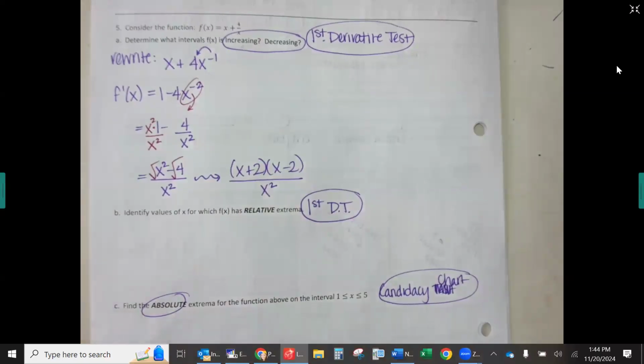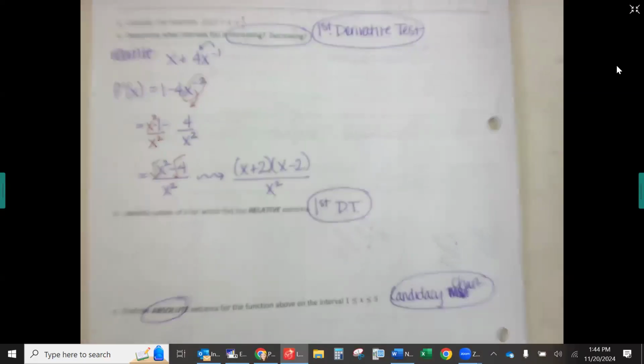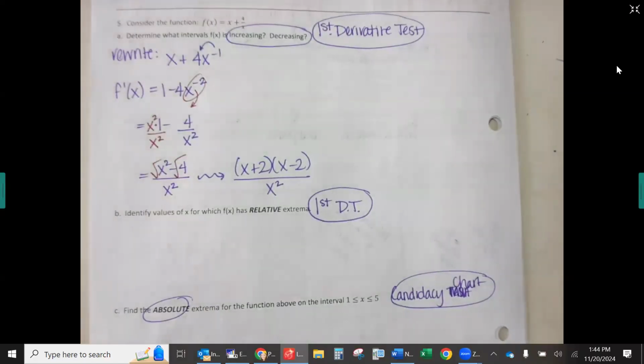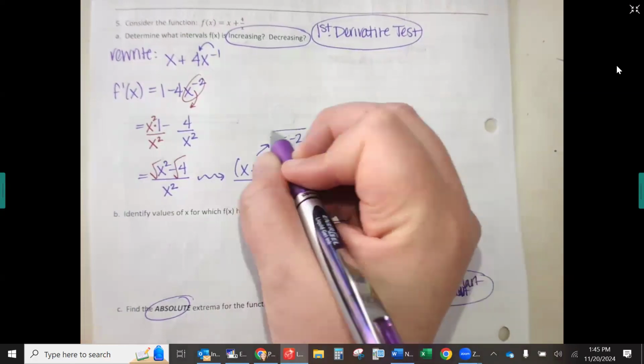Okay, let's identify your critical numbers. Remember that critical numbers, this is the first time that we have an x in the bottom. Okay, any x's in the derivative can give you critical numbers. So I have a plus 2. What is that going to give me for my first critical number? X equals -2.